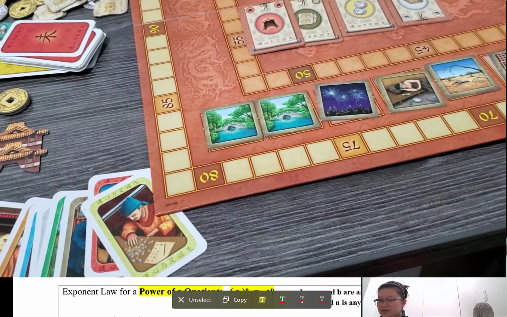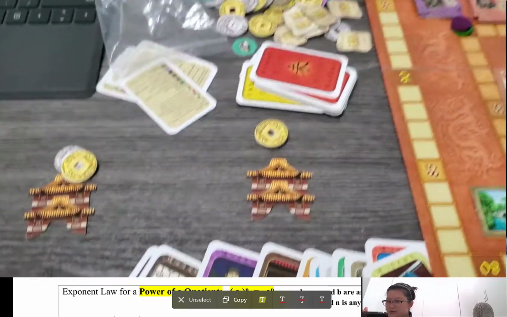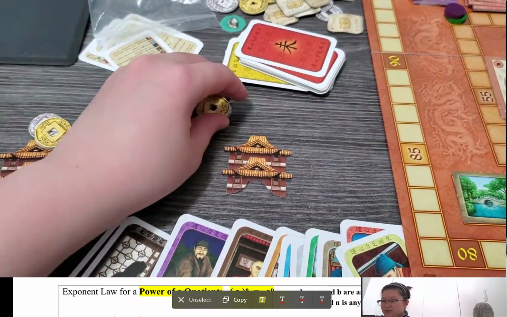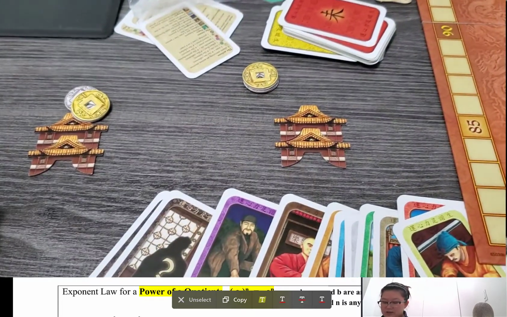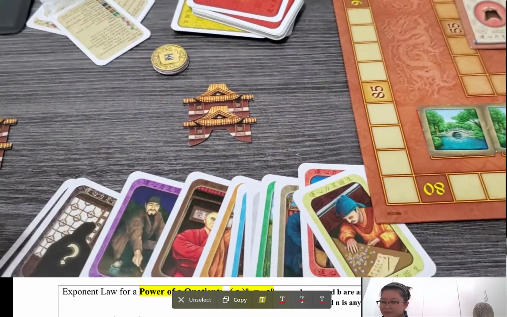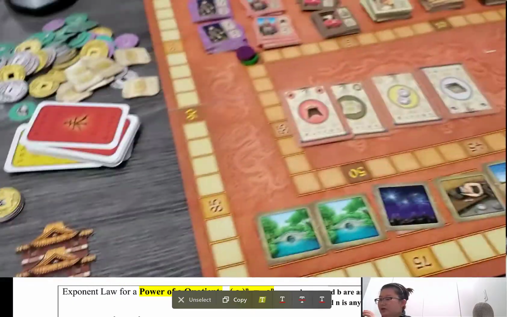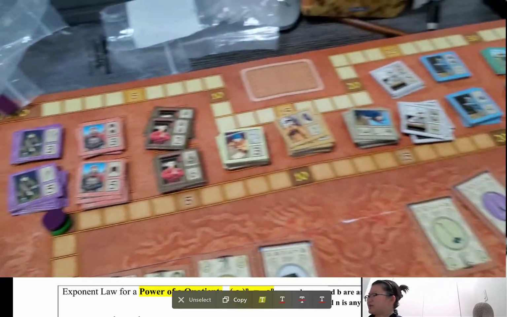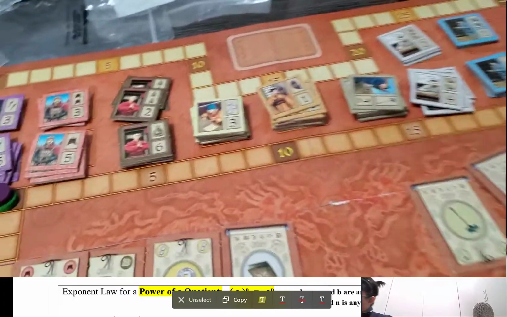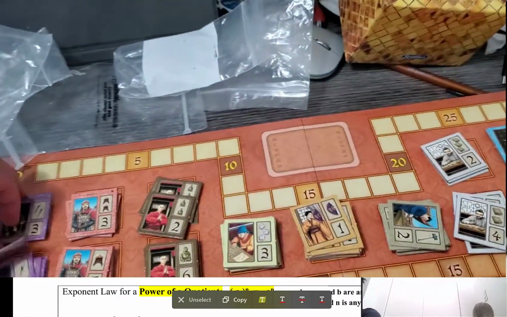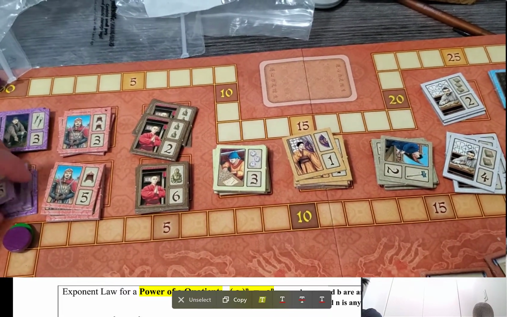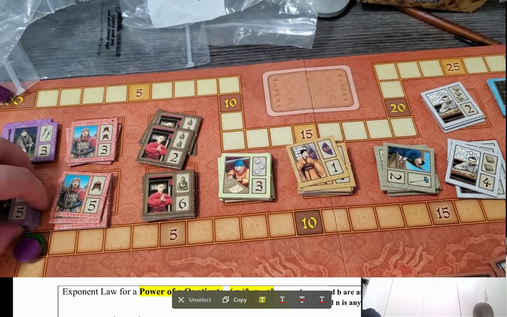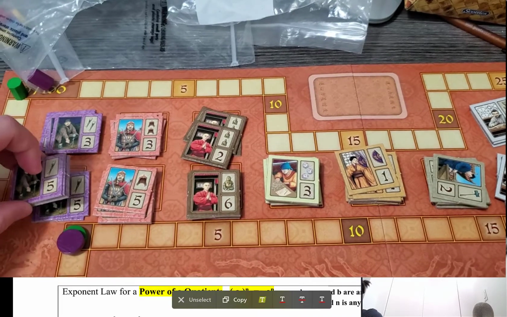So here is a basic setup. I've set up for 2 players. You start with some money, and you start with two buildings here. You actually start with 2 people, and there are actually too many people here for 2 players. They're supposed to scale according to the number of players in the game, so that the people you can get are scarce.